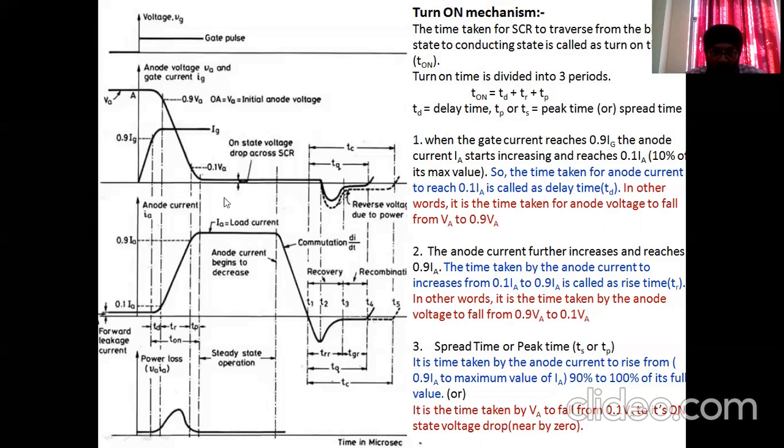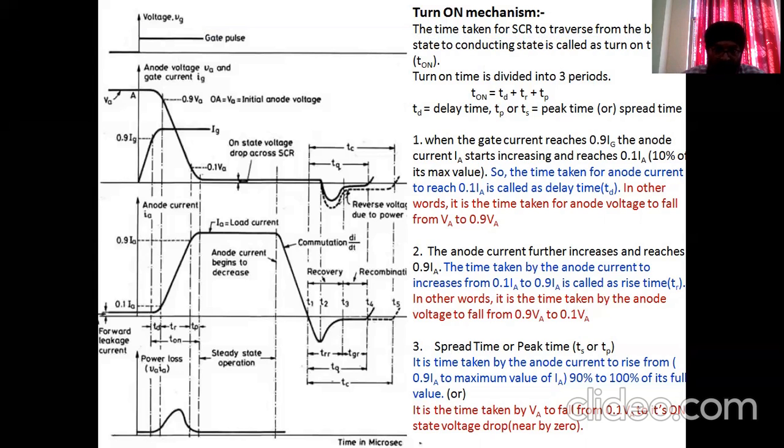Okay, further now, because we need to have 100% of the anode current, the time taken by the anode current to rise from 90% to 100% is called peak time or spread time. The same over here: now the voltage is falling from 10% to 0 value, called the on-state voltage. 0 value means from 10% of the anode voltage to the on-state voltage.